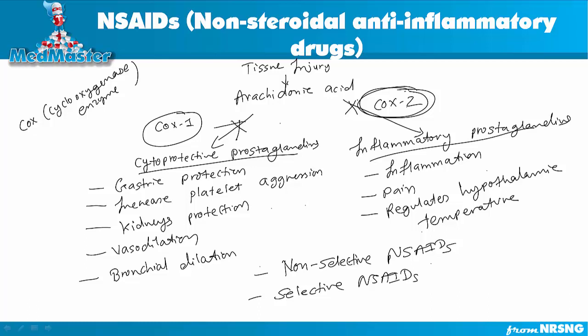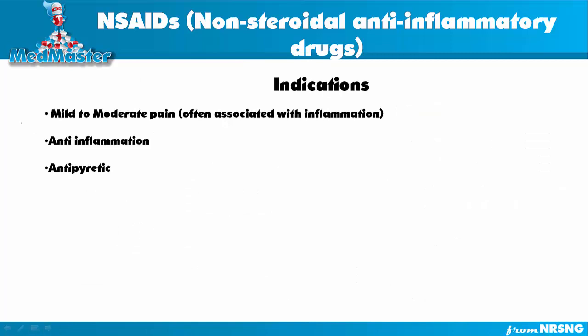And by blocking cyclooxygenase 2, it blocks the inflammation, it decreases the pain, and it decreases the temperature of the body. So as you know now that it decreases inflammation, pain, and temperature, what is the use of this medication? It is used for mild to moderate pain.